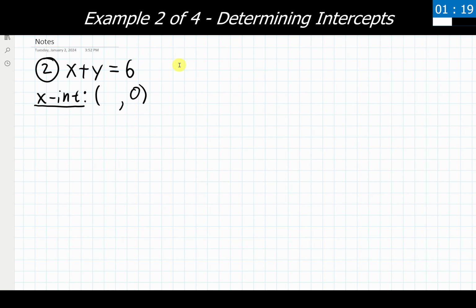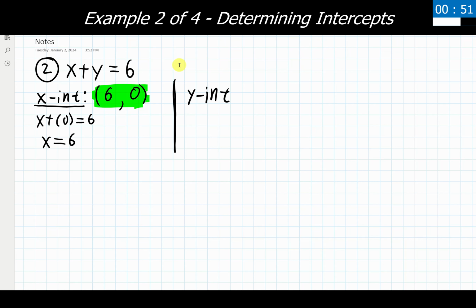Now I can plug this 0 in for y in the equation, and then solve out the rest of the way. And I get that x is equal to 6. So my x-intercept is at the point 6, comma 0. Perfect. We have our final answer, written as an ordered pair. We're good to go.